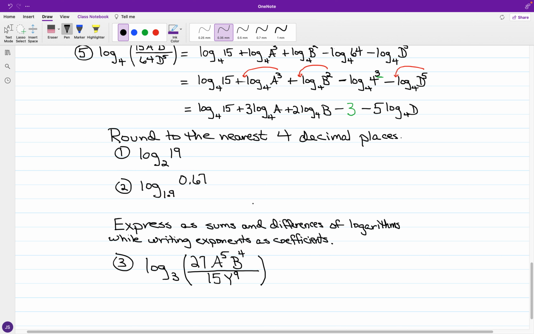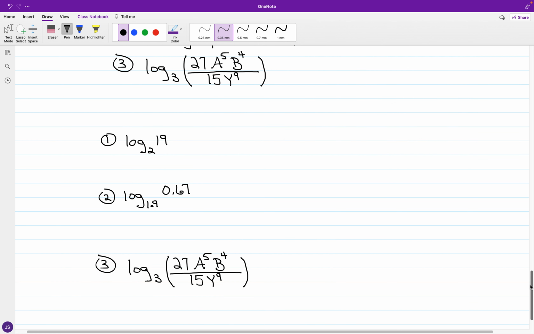So to the nearest 4 decimal places, let's see what we get for these logarithmic terms for the change of base formula. And in the case of expressing as sums and differences of logarithms while writing exponents as coefficients, let's see what we get for this base 3 logarithmic term.